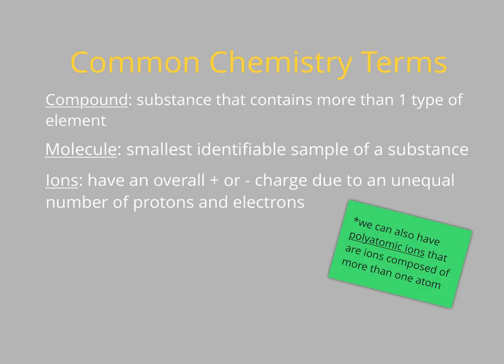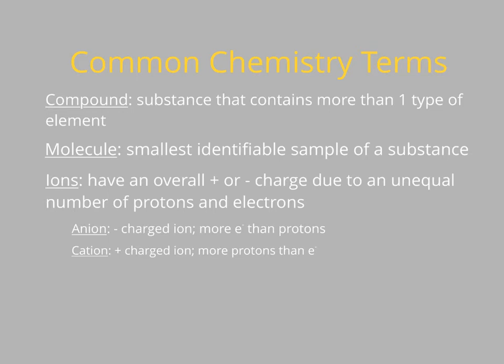When we have more electrons than protons, we have an overall negative charge, and we call that type of atom an anion. If we have more protons than electrons, we have an overall positive charge, and we call that type of atom a cation. Finally, when we have different numbers of neutrons, we have something called an isotope.